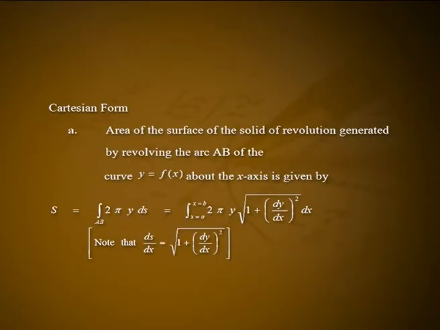A. The area of the surface of the solid of revolution generated by revolving the arc AB of the curve y = f(x) about the x-axis is given by S = integral over AB of 2πy ds, which is equal to integral from x = a to x = b of 2πy √(1 + (dy/dx)²) dx. Note that ds/dx = √(1 + (dy/dx)²).